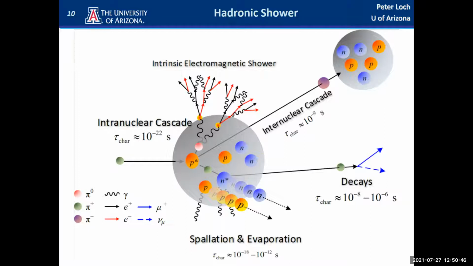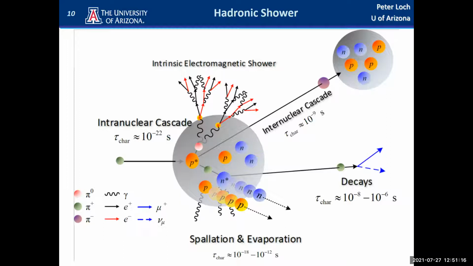Here, for example, I show this pinkish is a pi naught, a neutral pion, it decays immediately into 2 photons. Then there is a pi minus that travels quite a ways away to hit another nucleus. And then there is a little pi plus that hits another nucleon in the nucleus and kicks it out of the nucleus. And then there are several levels of excitations and so forth possible.